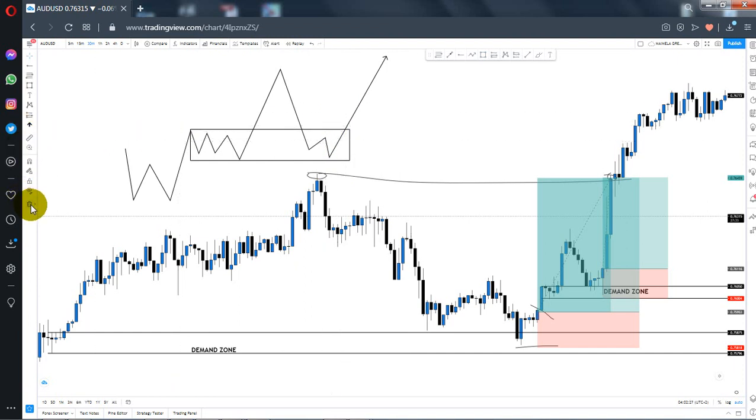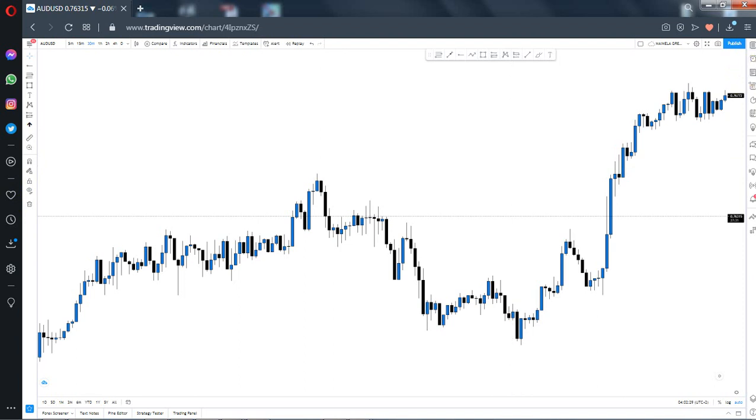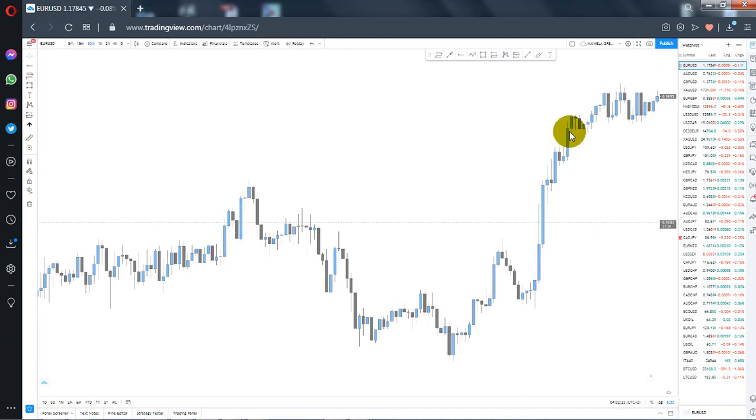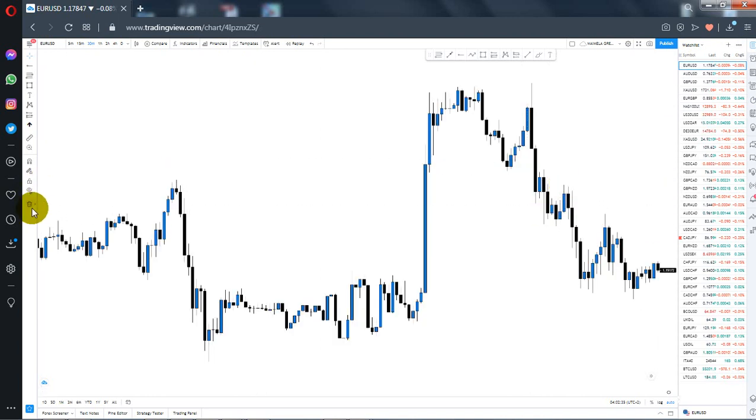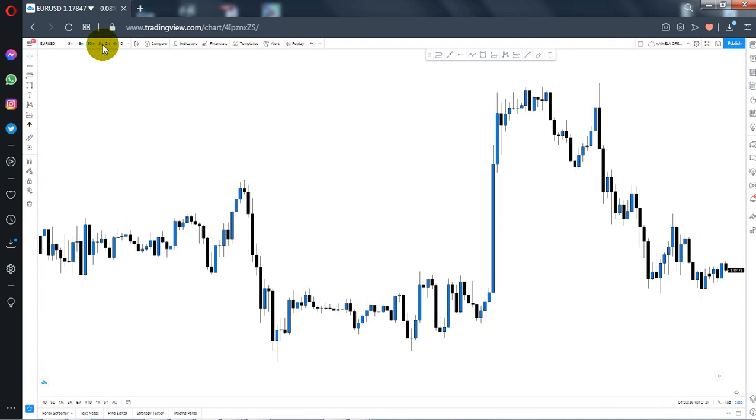Let's look at the example for drop base drop. Let's go to another pair. Let's try Euro USD. Okay, let's go to the H1 time frame.